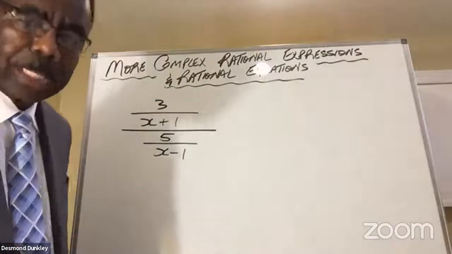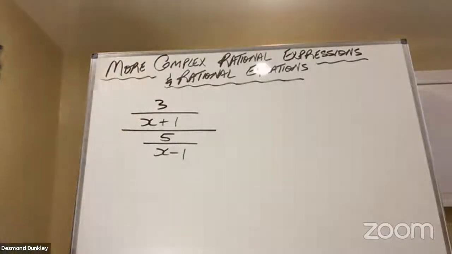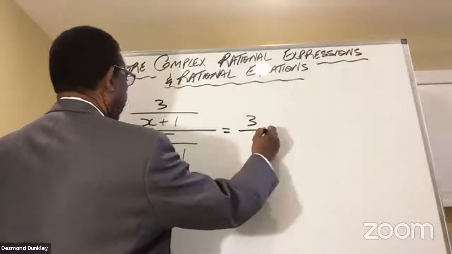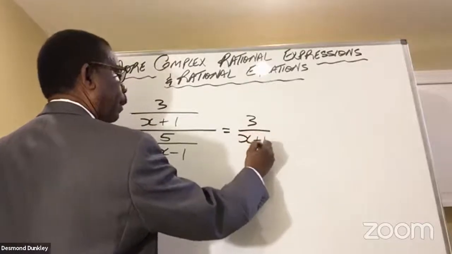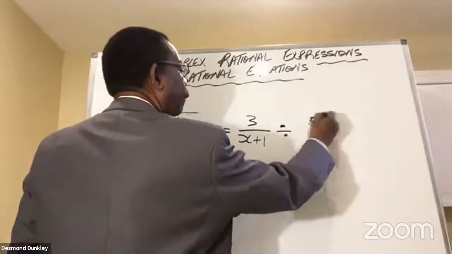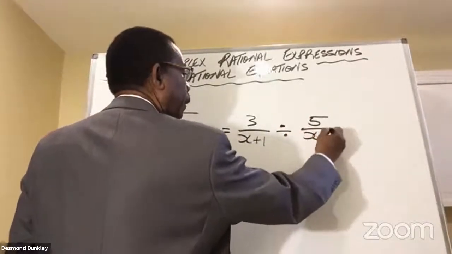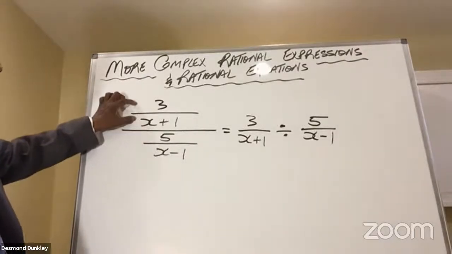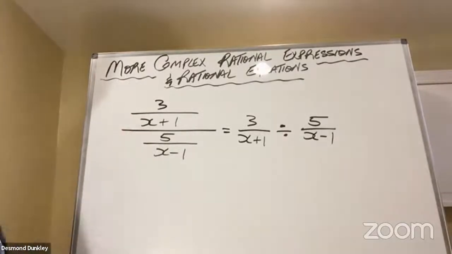Okay, what is that equal to? Kind of ugly. So it is equal to 3 over x plus 1 divided by 5 over x minus 1. So you're dividing by this fraction. You have this fraction divided by this fraction.